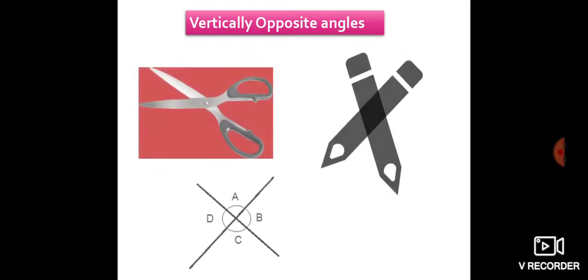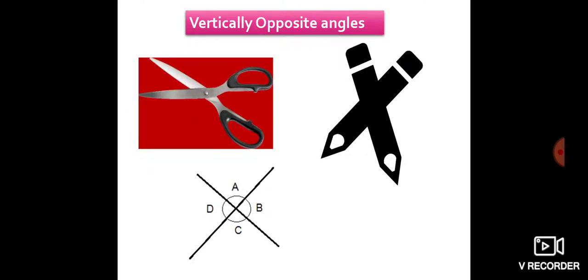Next, we have to study vertically opposite angles. Very simple. Here you can see some examples for vertically opposite angles. The scissor: here one angle and opposite here one angle. Then on the top side of the scissor is one angle, same angle here in the bottom.